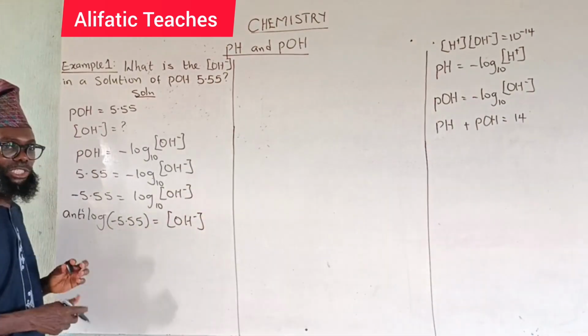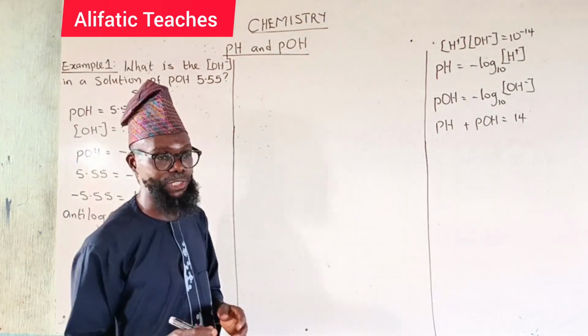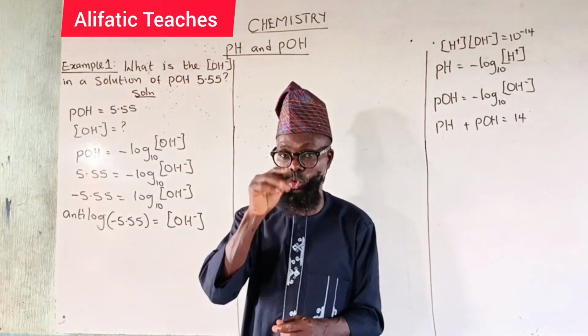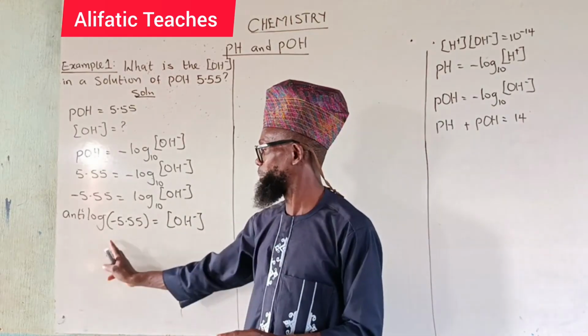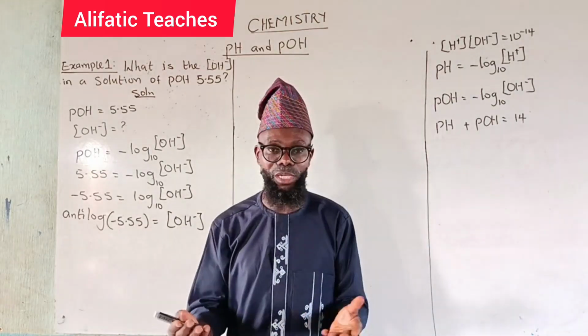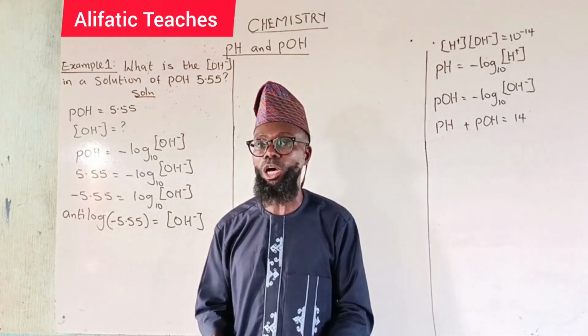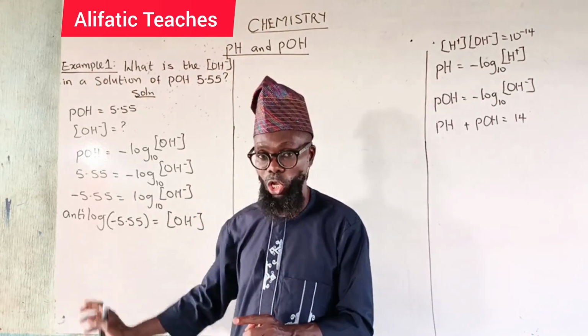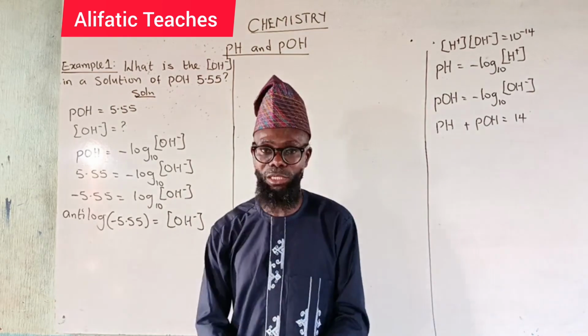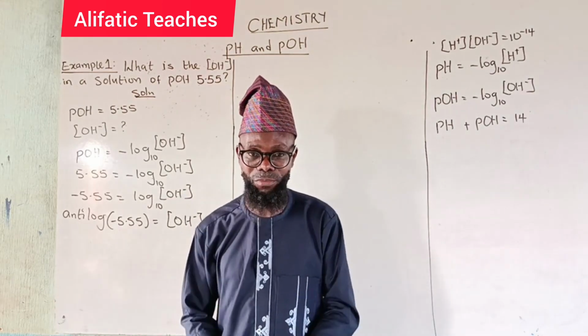So we take our calculator. In some calculators, you will see the second function, 2ND. You press your second function, press log, and press minus 5.5, equals, and you see your answer. In some calculators we have shift: you press shift, then log, then minus 5.5. So what do we have?